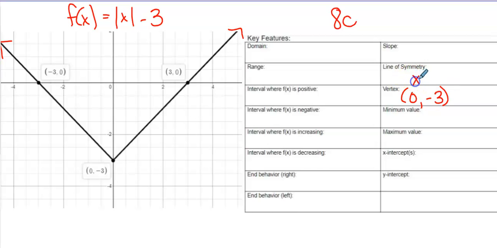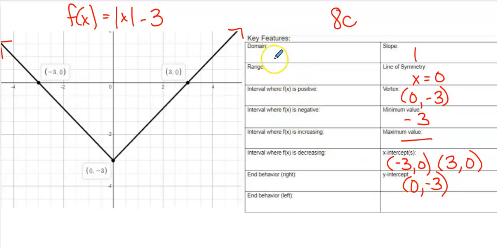Line of symmetry, x equals 0. The slope is 1. Minimum, it has a minimum value at negative 3. Does not have a maximum. X-intercepts are negative 3, 0 and 3, 0. The y-intercept is at 0, negative 3.